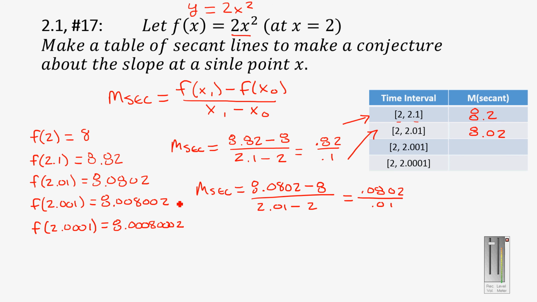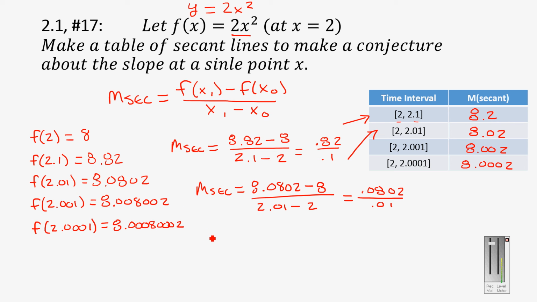And then the next one is going to be this one, subtract that one. Then this one, subtract that one. And so you're going to go to 8.002 and 8.0002. And so the conjecture, so let's make a conjecture about the slope at a single point.